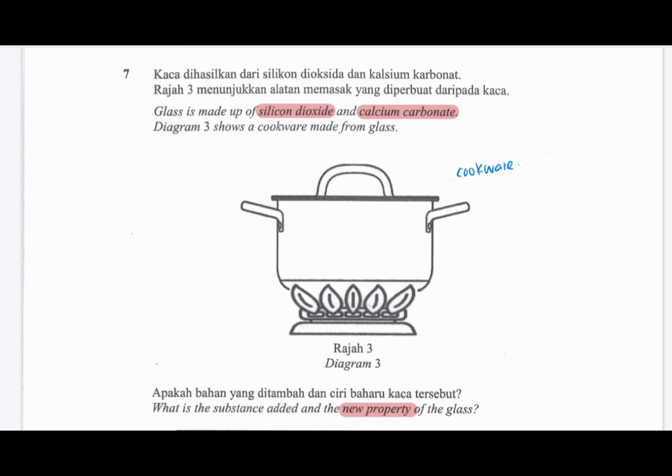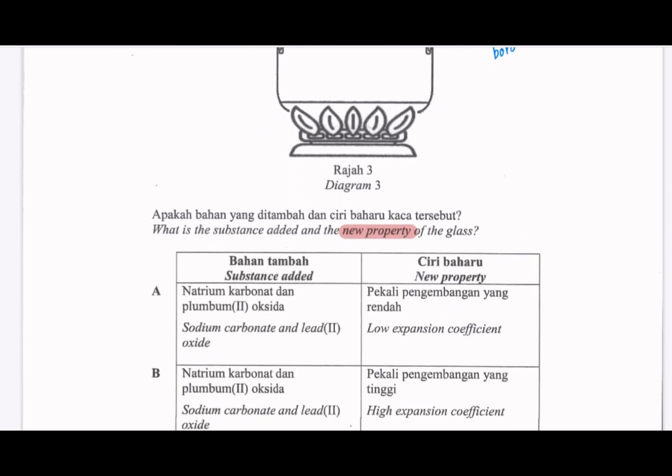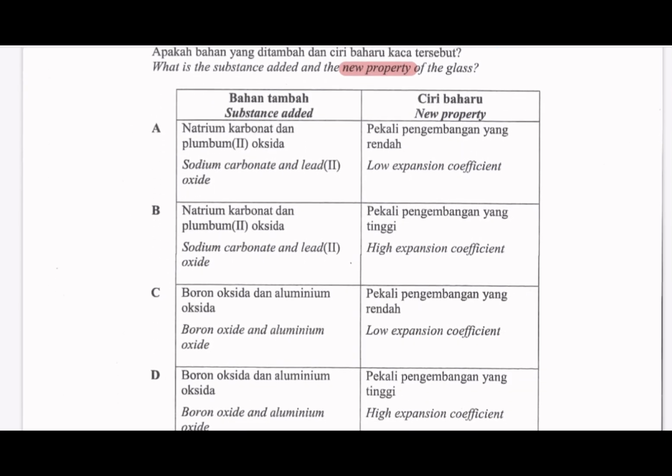The glass that's suitable to make cookware is fused silica glass and borosilicate glass. The property must be low thermal expansion, and this is our borosilicate glass. So for question A, it is lead crystal glass, so it's not suitable to use as cookware.